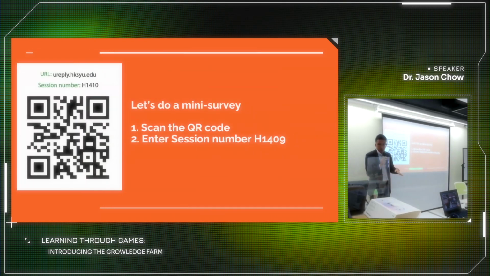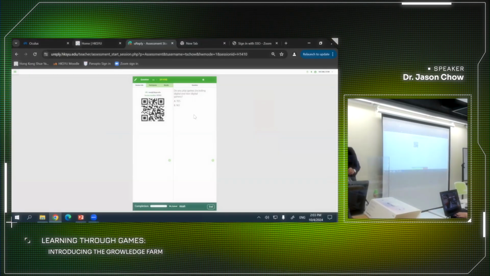Before we start to talk about the basic concepts in gamification and game-based learning, let's do a mini survey. This survey is mainly about your perception of games, using games in teaching and learning, and your experience. You can scan the QR code, and the session number is H1410.